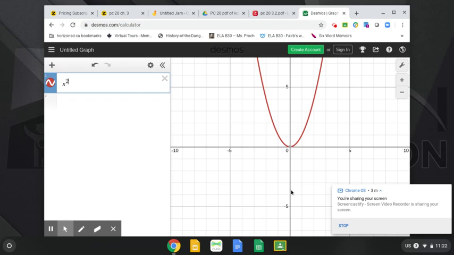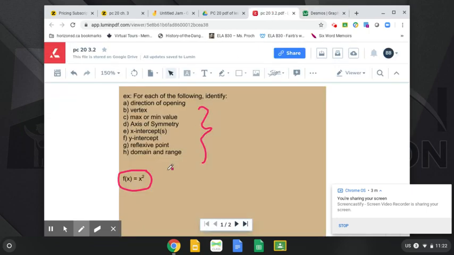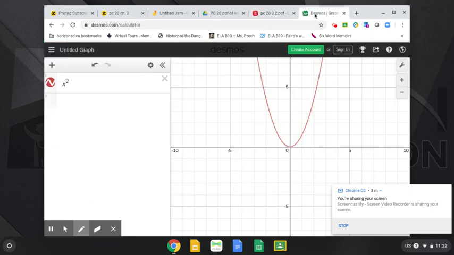All right, so here's y equals x squared. We can see that our vertex is at 0, 0. So you can go back here and write vertex equals 0, 0. What direction does this open?